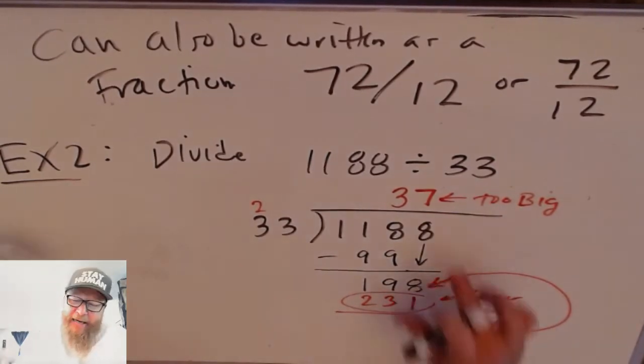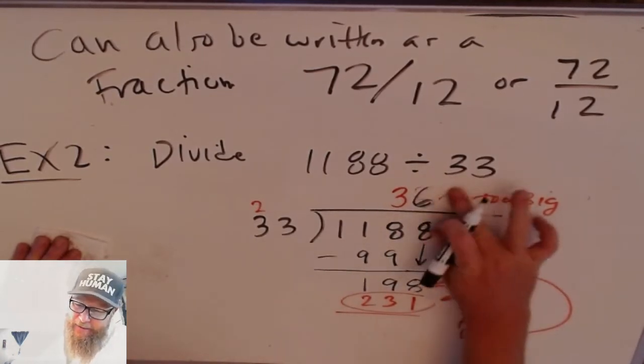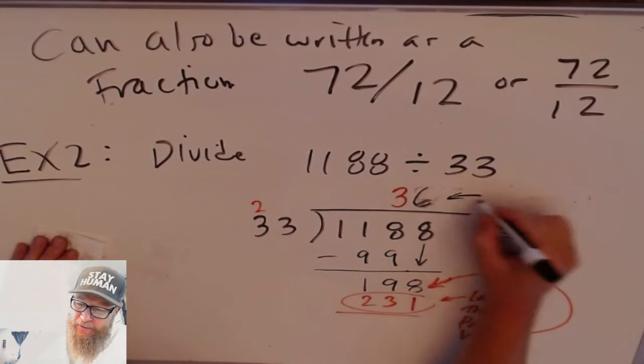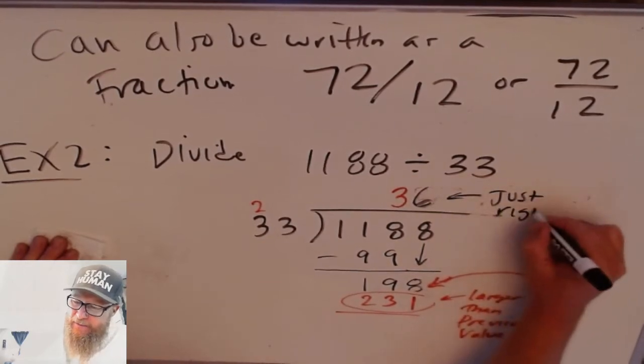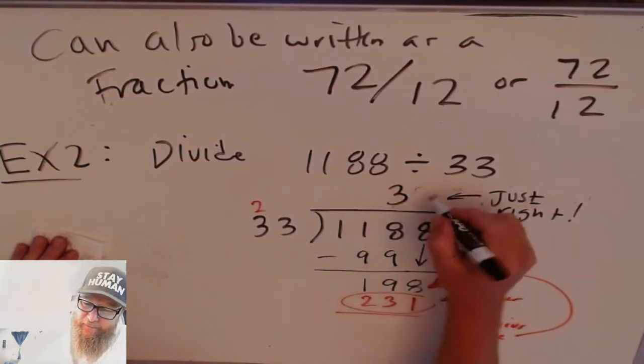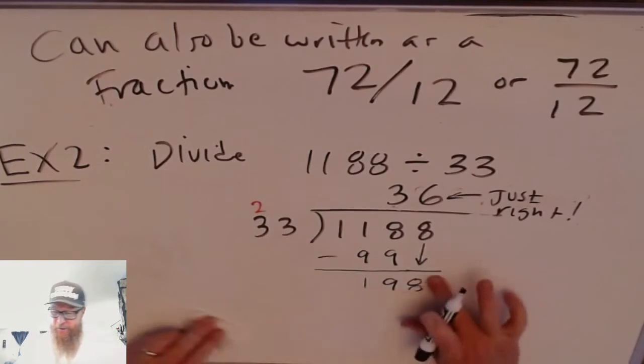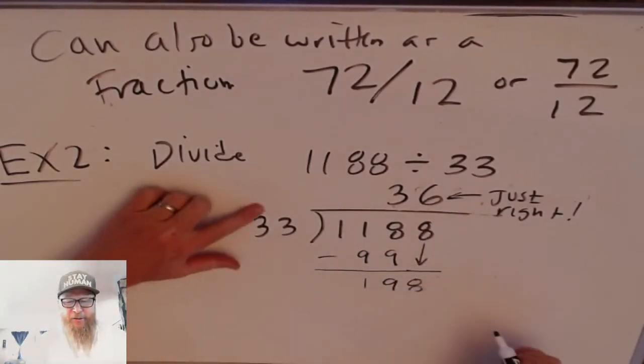And so now I'm going to guess just right. 5 was too small, 7 was too big, so 6 is just right.